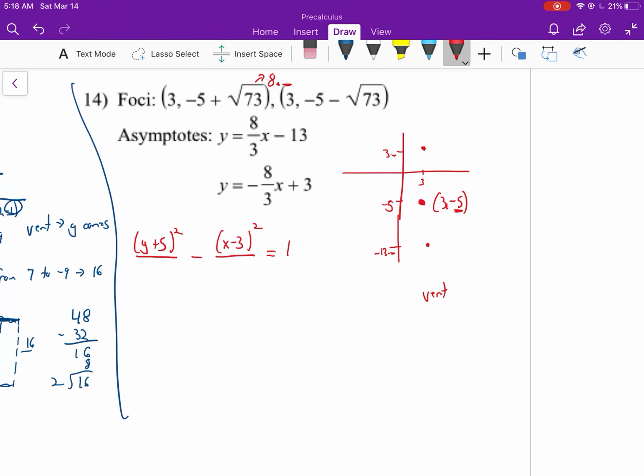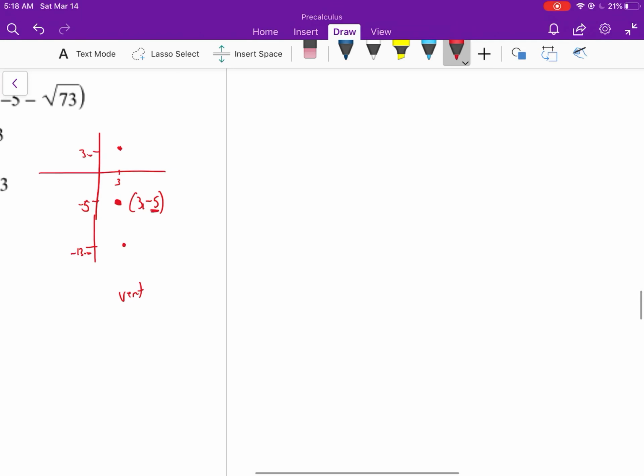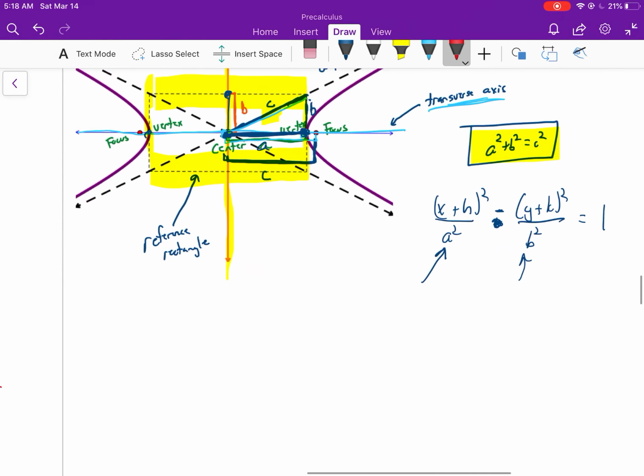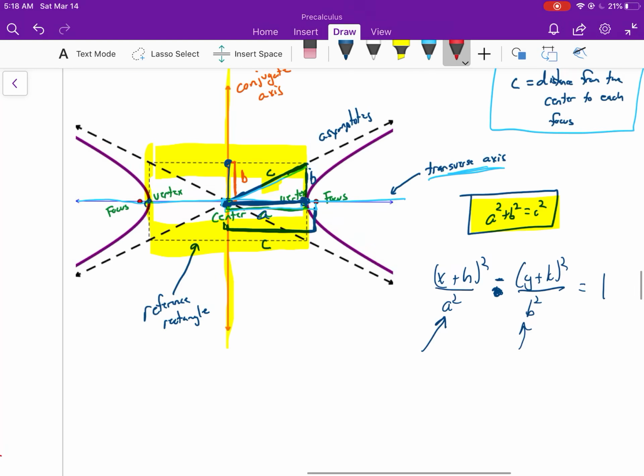Okay, a couple things I taught you before, but that I didn't mention in this figure right here. We have the asymptotes, and earlier I told you the slope of the asymptotes are going to be plus or minus b over a if it is a horizontally facing hyperbola, but if it's vertical, your b and a are switched.